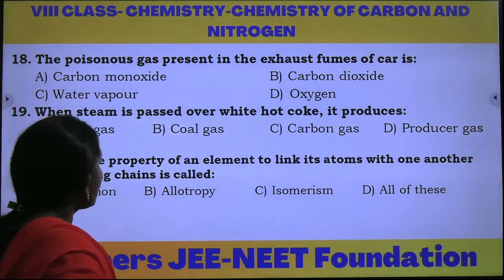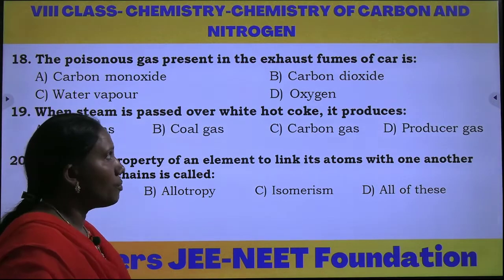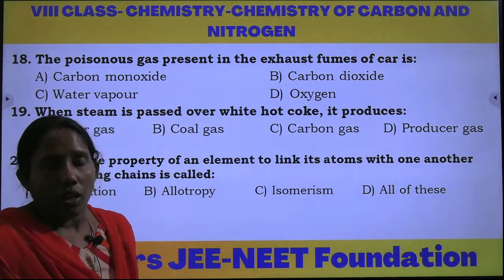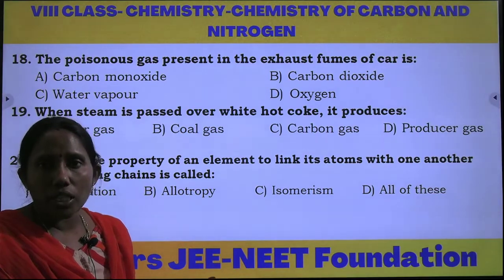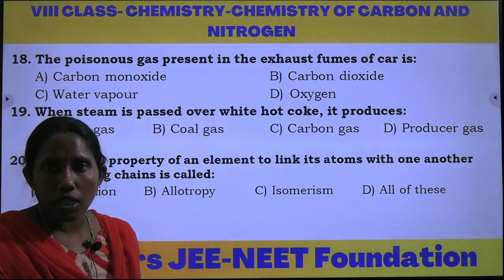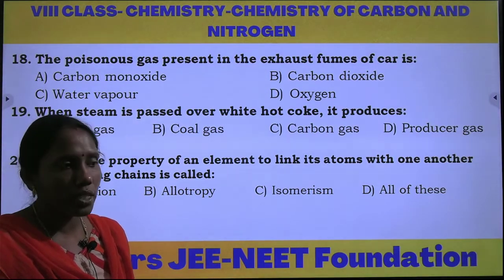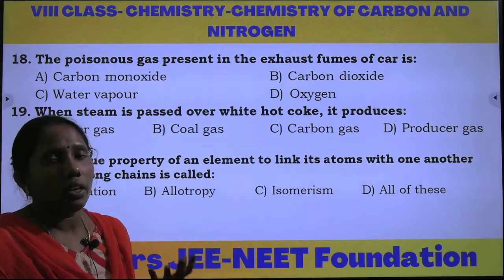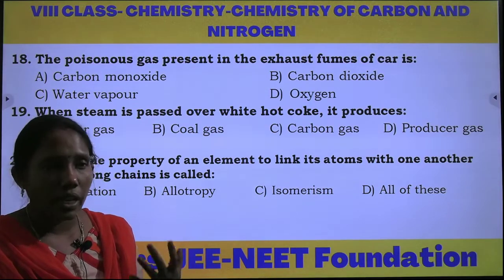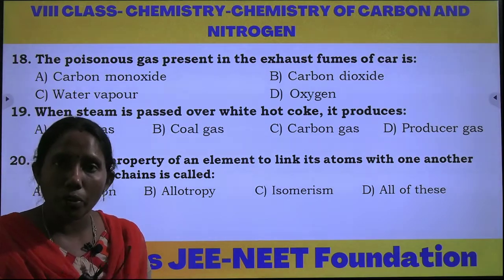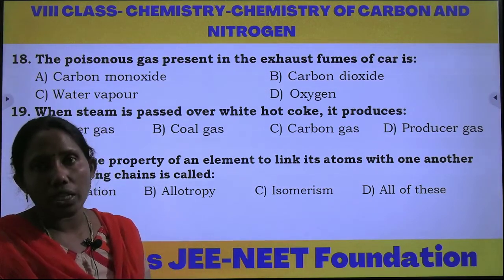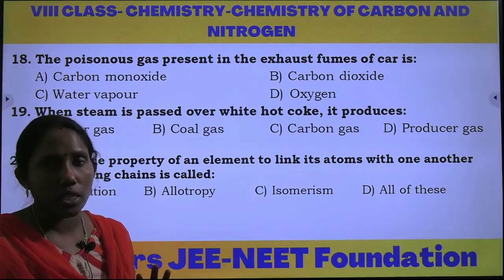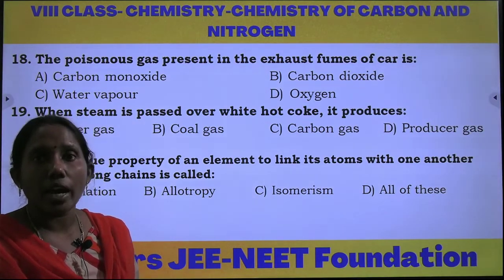The poisonous gas present in the exhaust fumes of a car is, we know that air is polluted because of the carbon monoxide present in the air. Carbon monoxide is a poisonous gas, we are not supposed to inhale it. If we inhale it, it affects our lungs and we will get breathing problems because of the air pollution. Ozone depletion is taking place because of carbon dioxide.